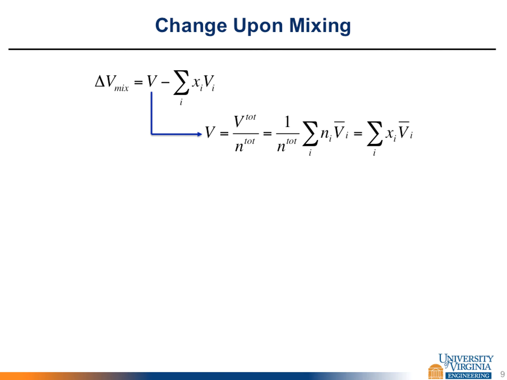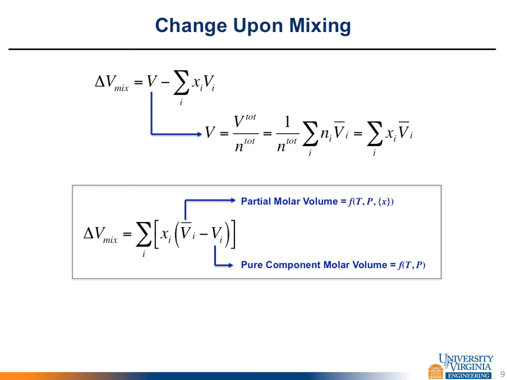In this situation, V is the total volume divided by the total number of moles in the system, and we can relate this V total to the partial molar volume as is shown on the screen. When we combine everything together, we see that we can calculate delta V mix with knowledge of the composition of the mixture we would like to make, the partial molar volumes of the components in the mixture, and the pure component molar volumes of the components in the mixture.